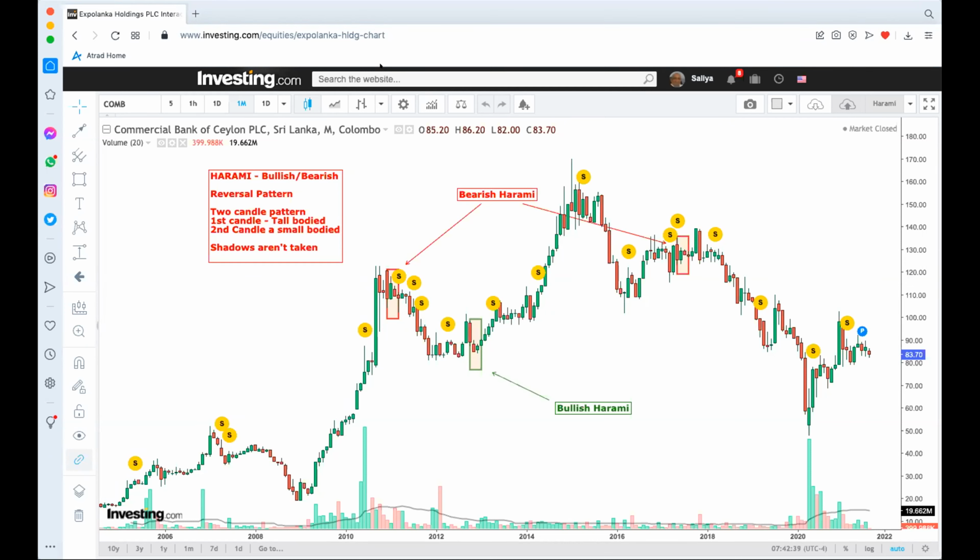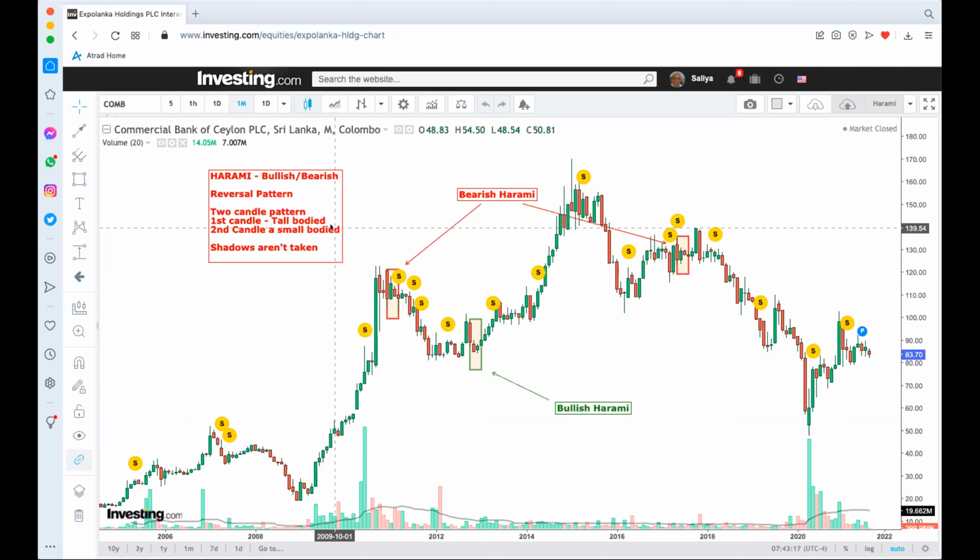Even at that point, the buyers and the sellers compete with each other, either to take it up above the resistance levels or bring it down below the support levels. Anytime you have a range like that, you will end up seeing a support level and a resistance level in a resistance zone, right?